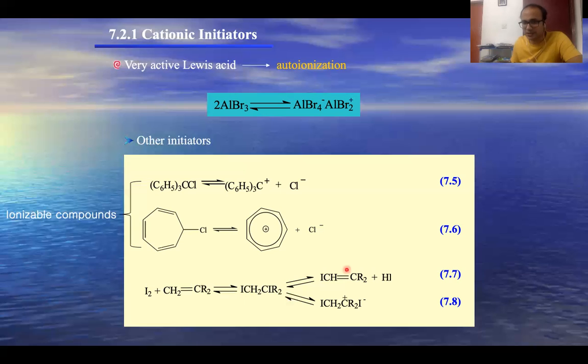There can be two pathways, either forming HI, and this HI will then act as an initiator by adding a proton and thereby generating a carbocation, or this carbocation would be formed which further can react with the vinyl monomer and thereby continue the propagation step. So that's why I2 can also be used as initiator for cationic polymerization.